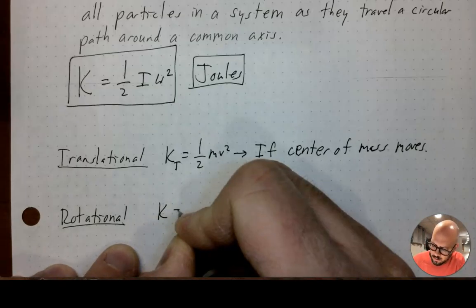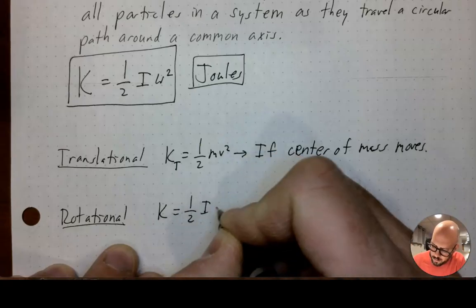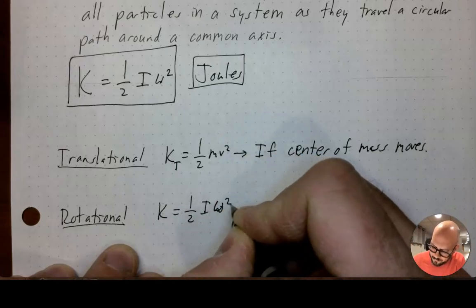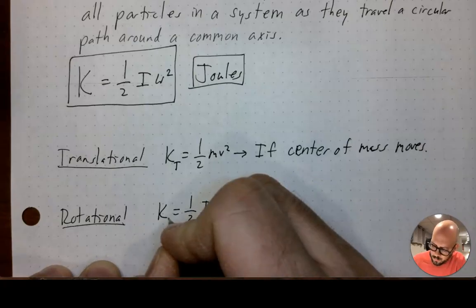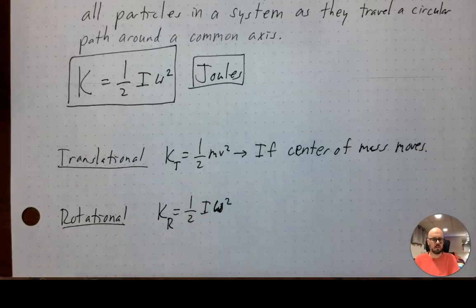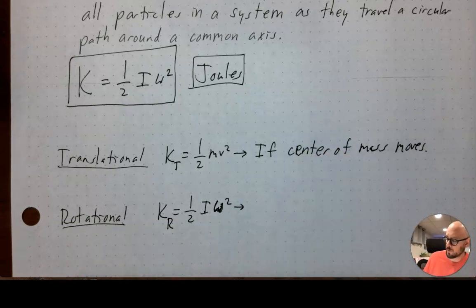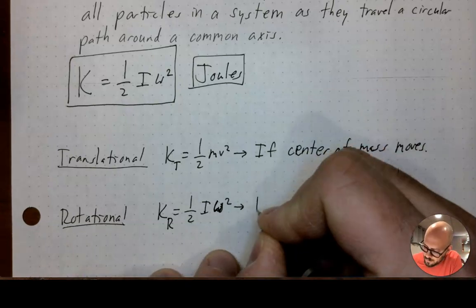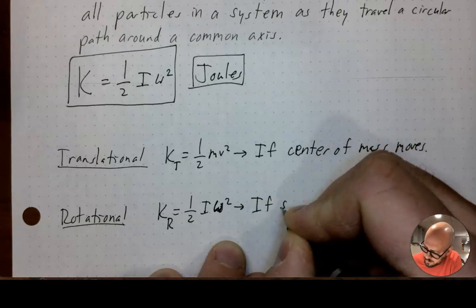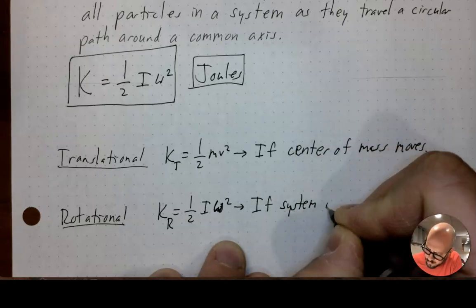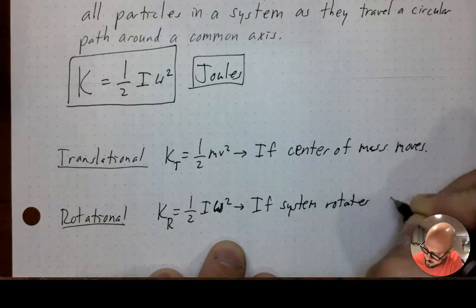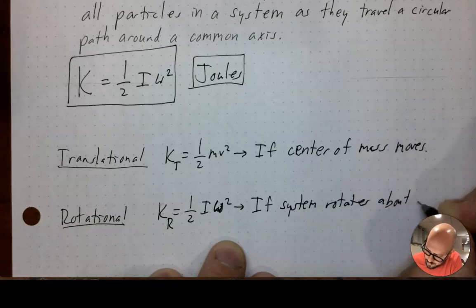Rotational kinetic energy, 1/2 I omega squared. You can put an R or ROT subscript there to show rotation. You'll see that in some problems that you do, I bet. That happens if the system rotates about an axis.